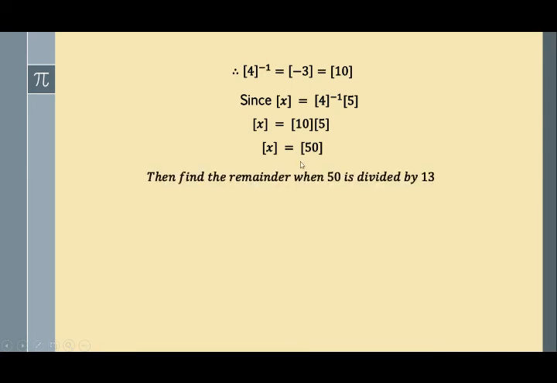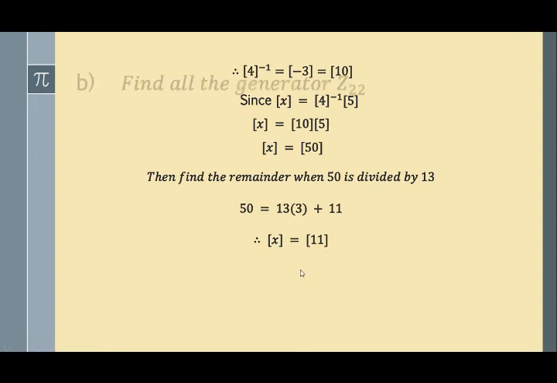The next step is finding the remainder when 50 is divided by 13. Again using the Euclidean algorithm, 50 is equal to 13 times 3 plus 11 as a remainder. Therefore, our congruent class of x is equal to the congruent class of 11. That is it for the first part.